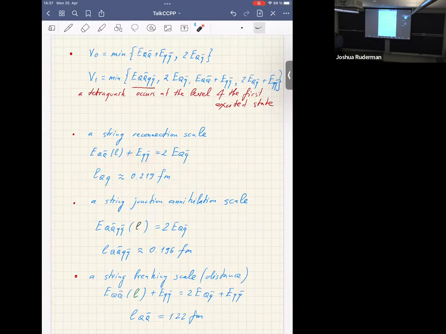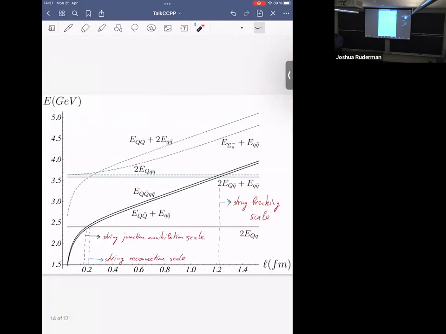And still this scale is a bit larger than the one for the string junction annihilation. So for the first level, it goes like this: here string junction annihilation happens, then a small flat part, then string reconnection, going like this, and then string breaking. Three scales.